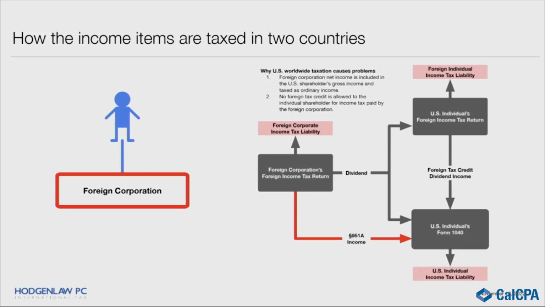That red arrow coming out of the foreign corporation's foreign income tax return, the Section 951(a) income. This is the artificial make-pretend inclusion of income, the net profit of the foreign corporation, on the U.S. individual's Form 1040 as additional gross income on which the individual will pay ordinary income tax. So let's look and see how this all works.